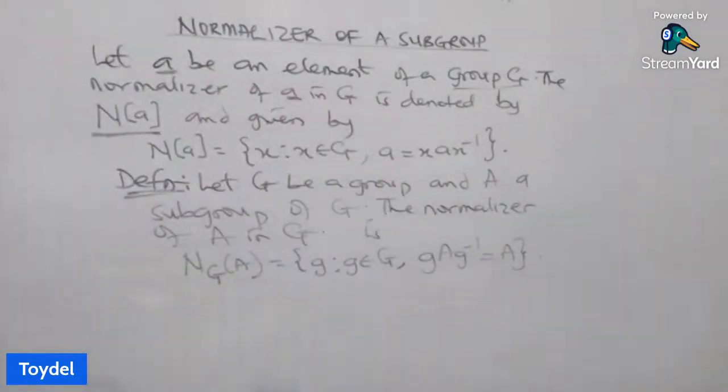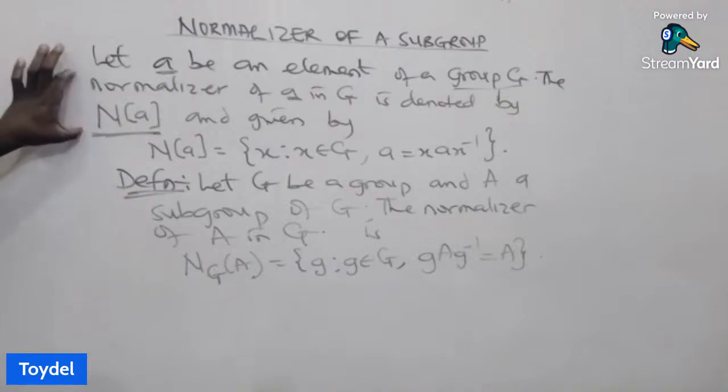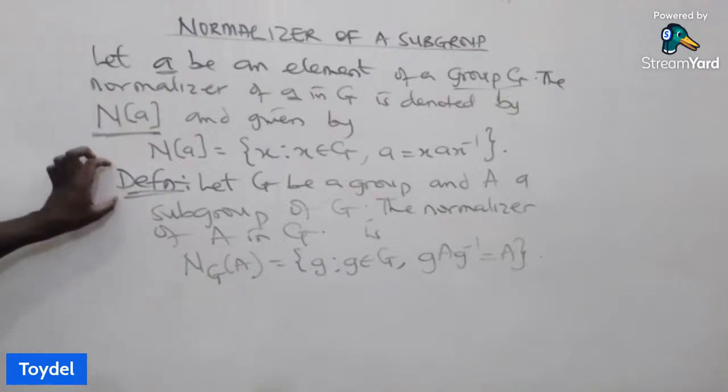Now this is the definition of a normalizer of a subgroup.